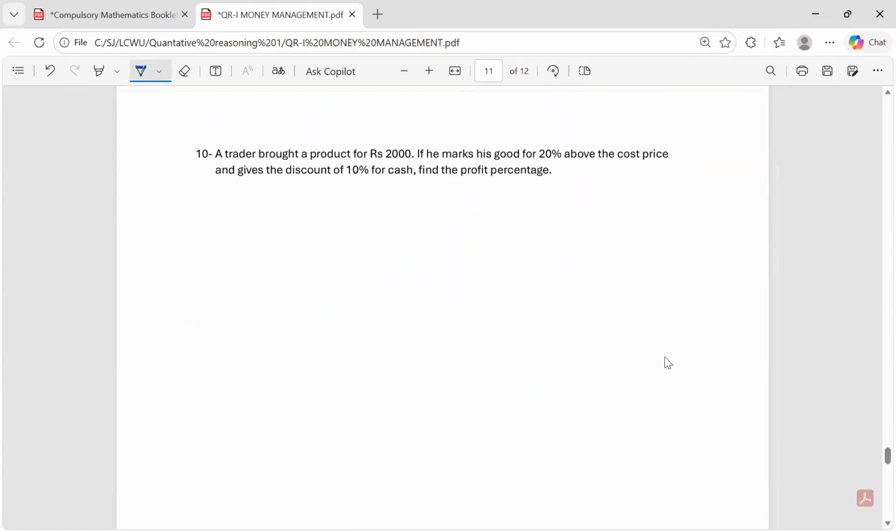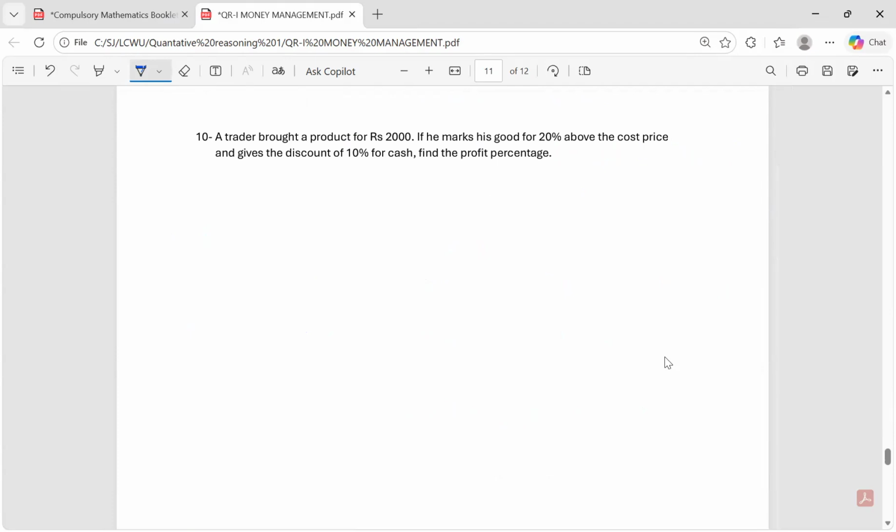Next, a trader bought a product for rupees 2000. If he marks his goods 20% above the cost price and gives a discount of 10% for cash, find the profit percentage. So your cost price is 2000 rupees, and the mark price, you have increased 20%.